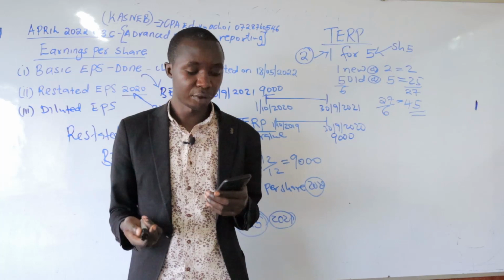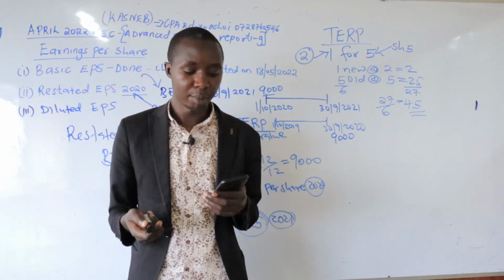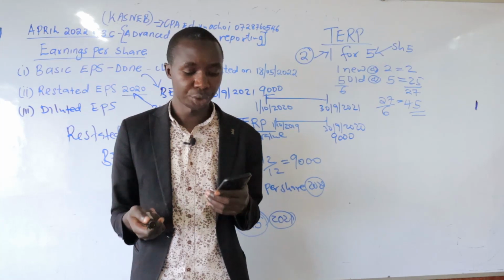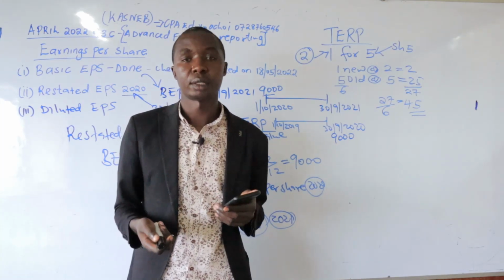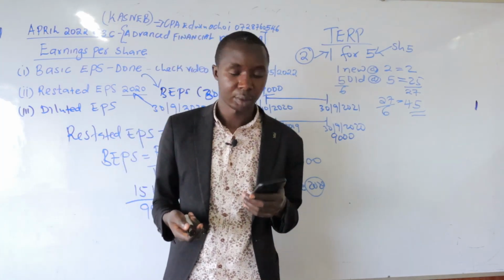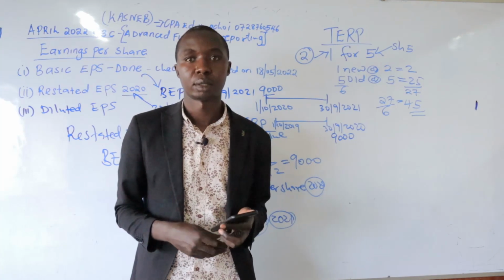The possibility of decline in the basic EPS arises when the firm has promised to issue new ordinary shares in the future. That is a potential ordinary share.